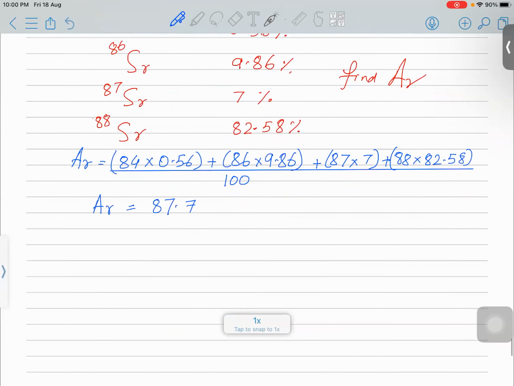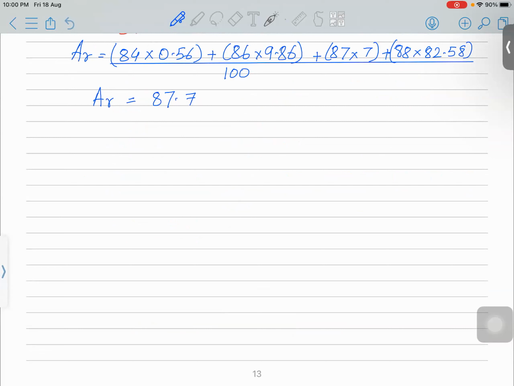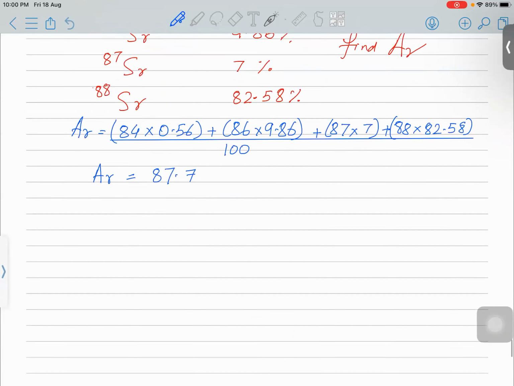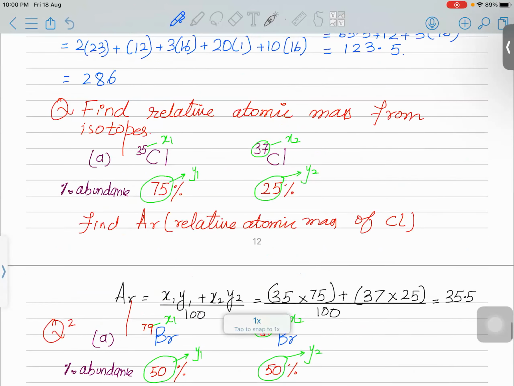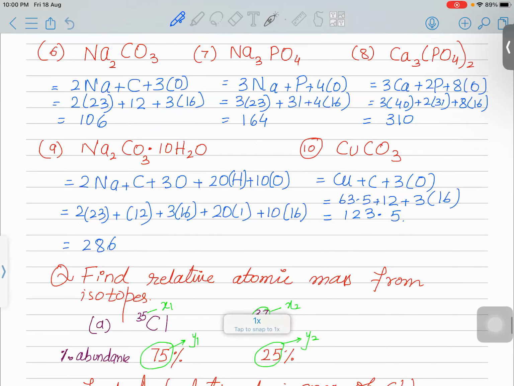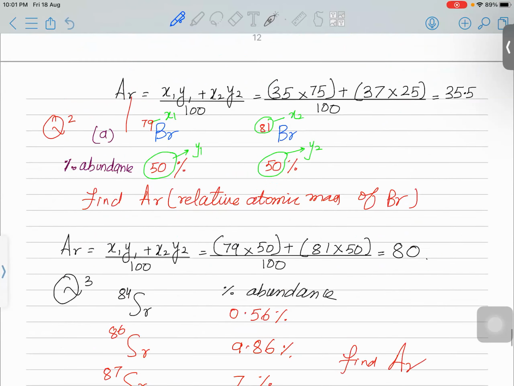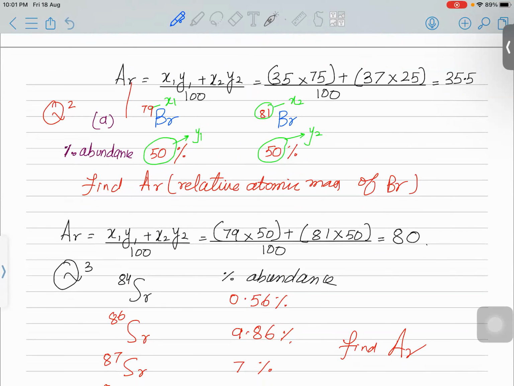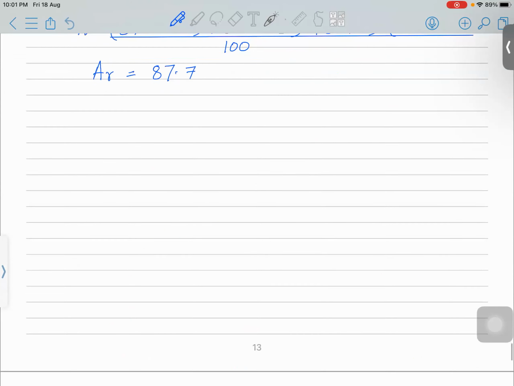Now we are doing past paper questions, right? A few past paper questions. Now past paper of atomic structure.